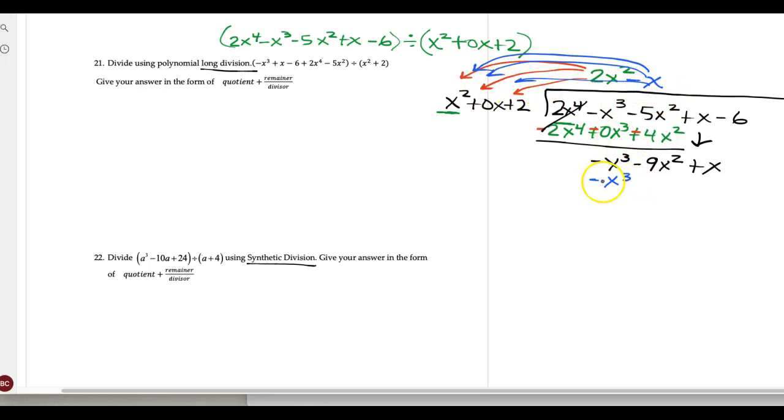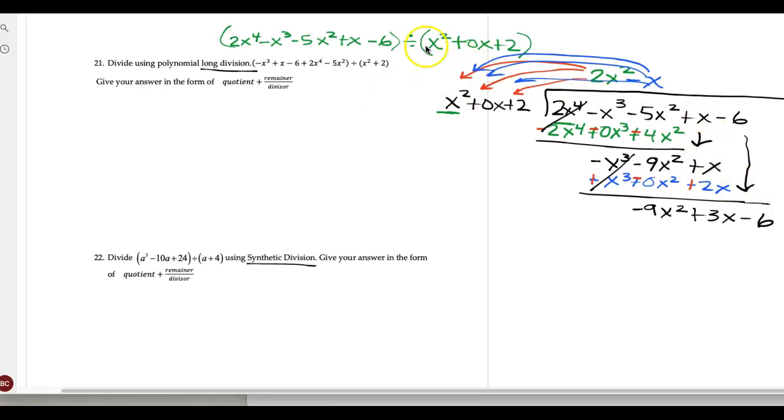So negative x times 0x is going to give me 0x squared, and then negative x times 2 is negative 2x. Now it's my subtraction part, but again, I'm changing the sign. So this becomes a positive, this becomes a negative, this becomes a positive. Now combine those together. That's gone. Here I'm left with 9x squared. Here I combine those together and get 3x. And then bring down that last number, that negative 6.